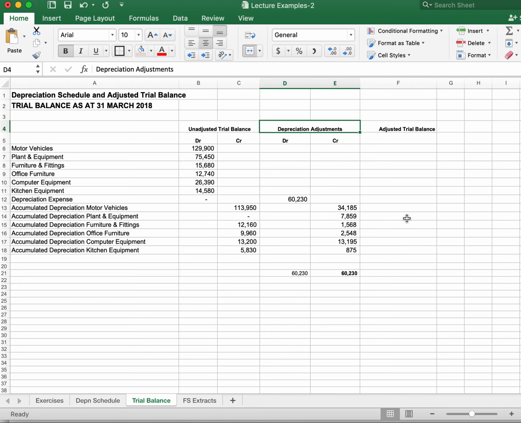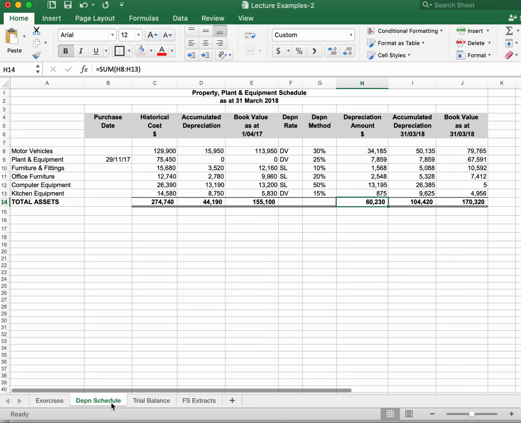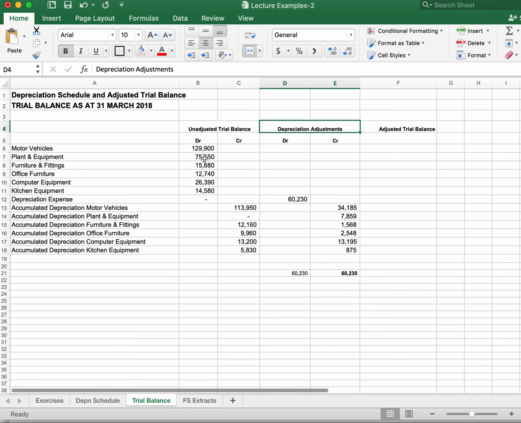Okay, so now therefore the adjusted balances would be, there's no adjustments to the assets, it's all just around the accumulated depreciation, right? The fixed asset was already in there, okay?